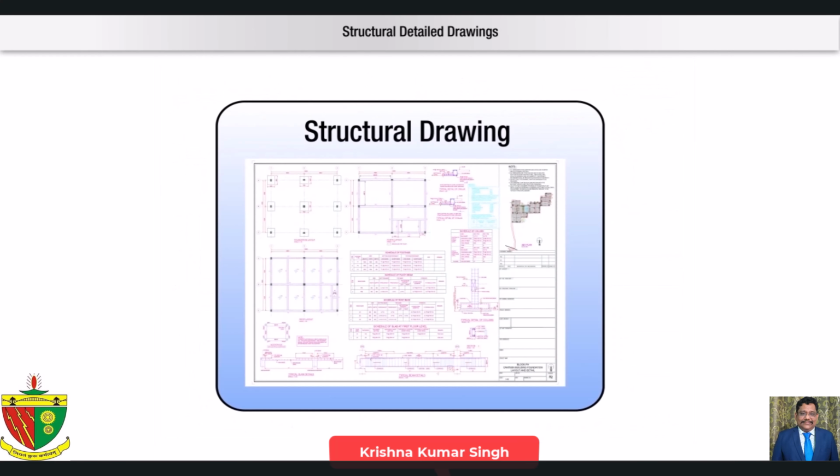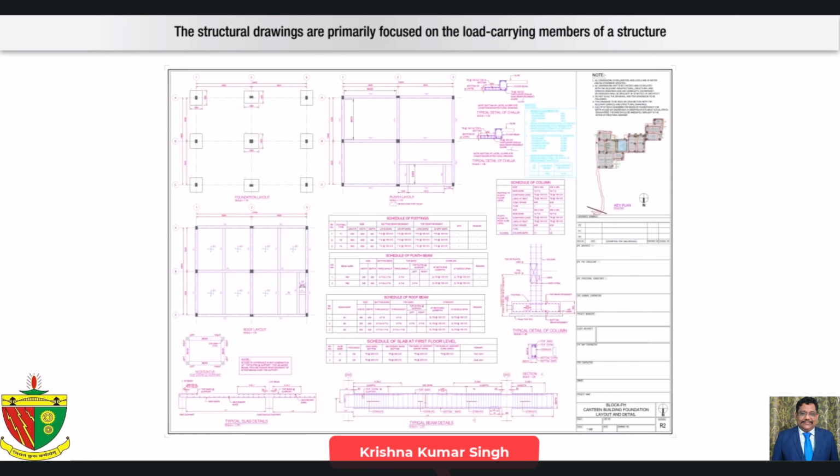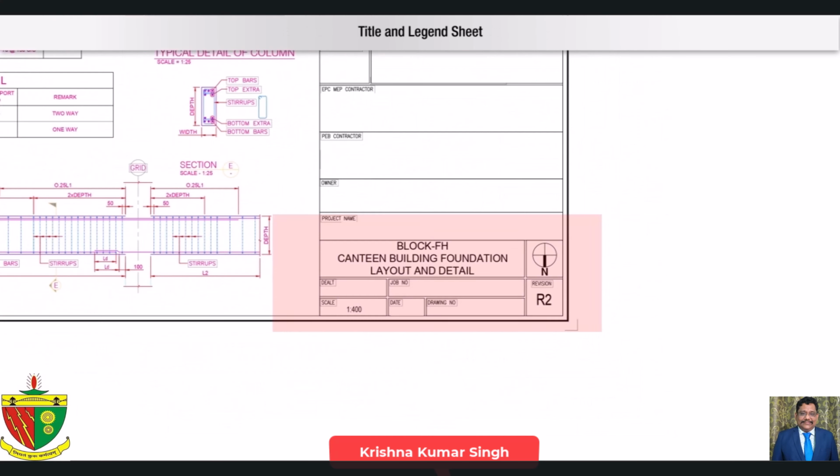Structural detailed drawings. The structural drawings are primarily focused on the load-carrying members of a structure. They outline the size and types of materials to be used. Structural drawings show below mentioned details. Title and legend sheet.